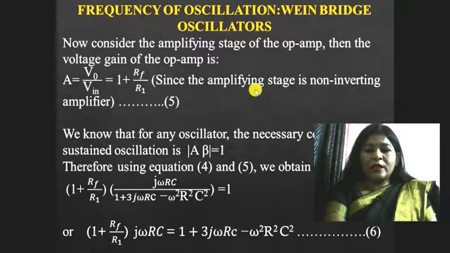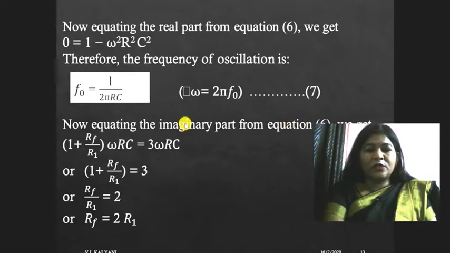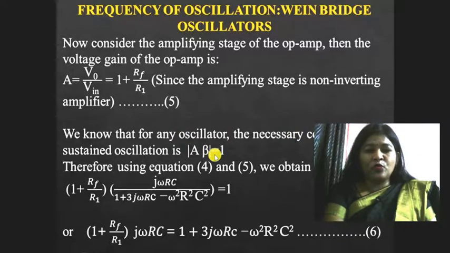Since the amplifying stage is a non-inverting amplifier, we know that for any oscillator the necessary condition for sustained oscillation is A beta equal to 1. Therefore, using equations 4 and 5 we can obtain this equation, where A is the voltage gain, equal to 1 plus RF upon R1.